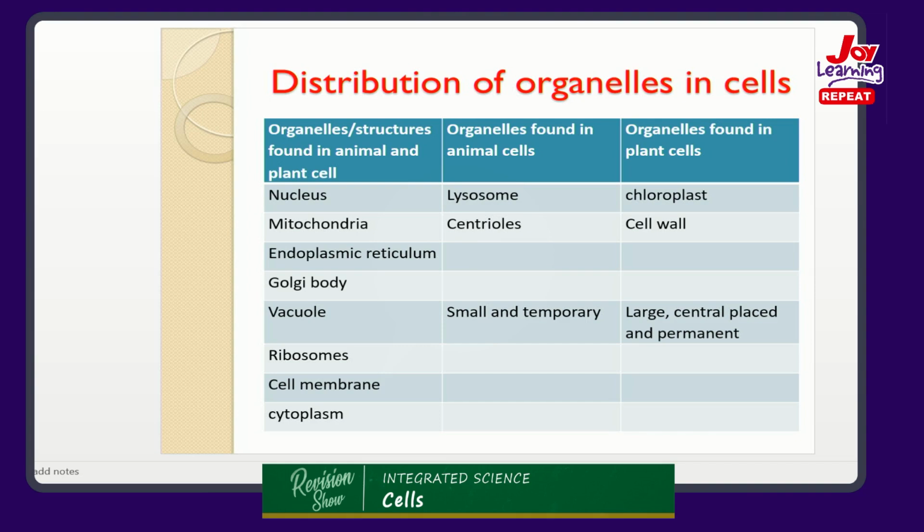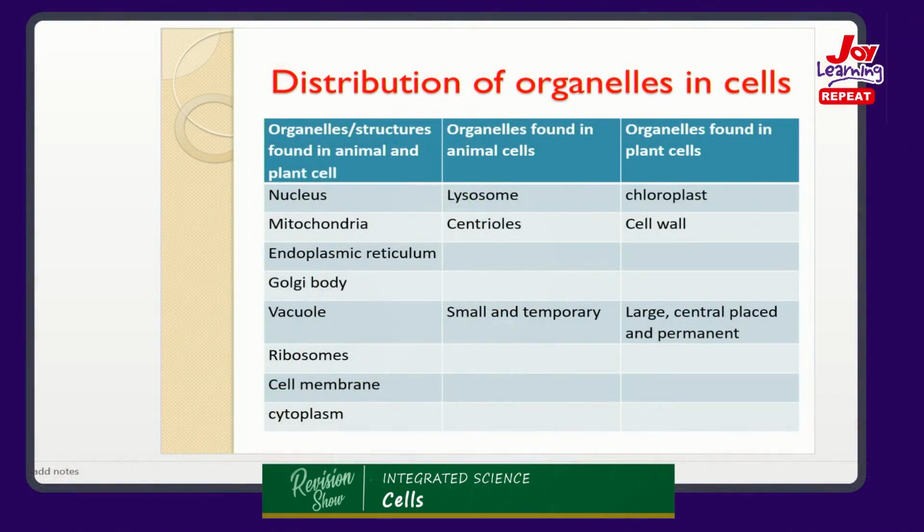Then in plant cell, you have chloroplast and also cell wall. So even before I ask you the question that would result in this, you already have about 3 differences. Then also similarities. That's why I put this table there. So in the exams, when you get stuck, remember this. All the organelles that are same in them, you can write them as similarities. Then these two can be written as differences.